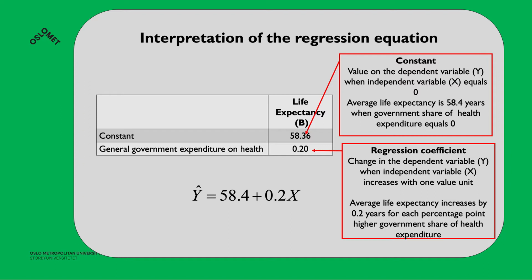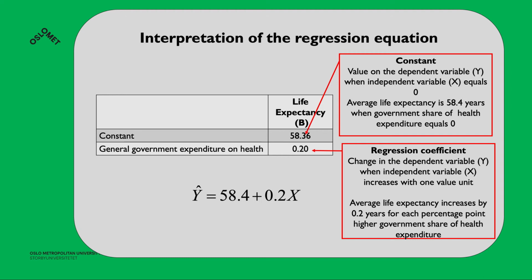So really, if you are going to give a meaningful interpretation of the constant, 0 has to be a substantial value on the units. 0 has to be a possible value in the data, and in this case it's not. There are no countries where it equals 0.